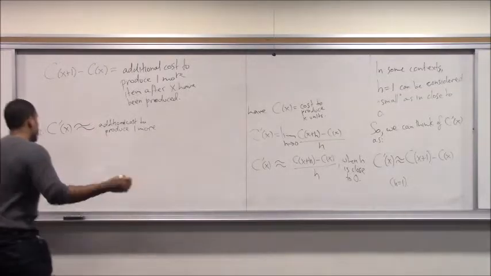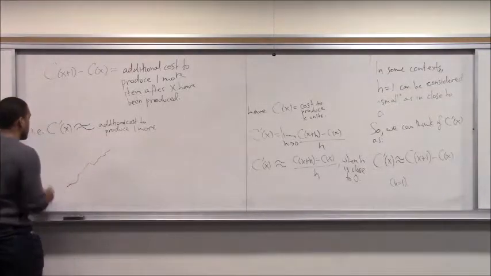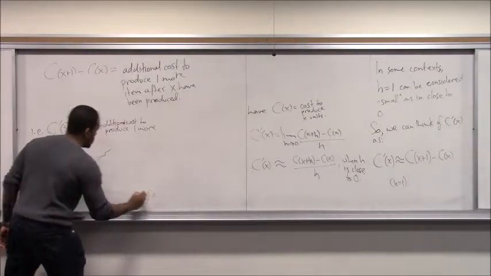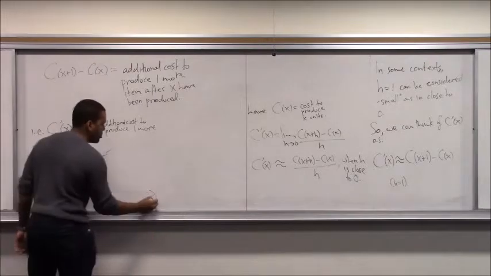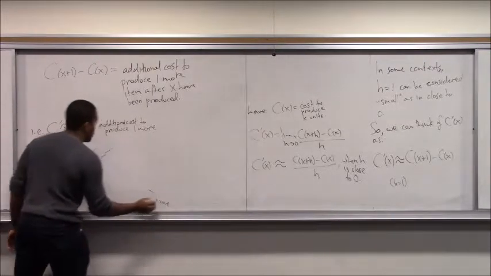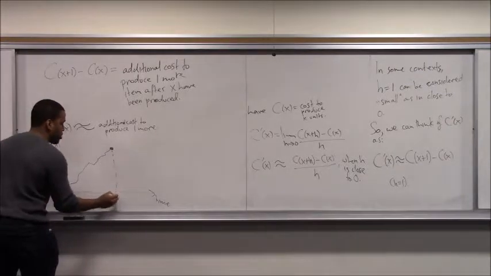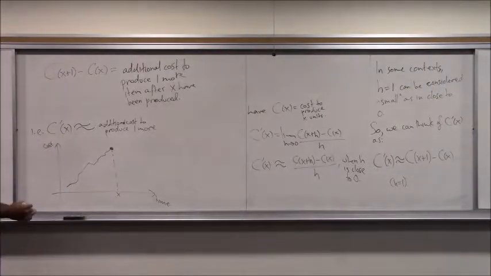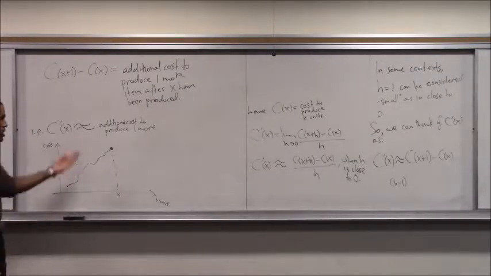So maybe your cost function has rising cost the more products you're producing. So now you're at some point, and currently you have X products being produced, and you want to say, should we keep going? How is the situation going to look if we push this a little bit further?